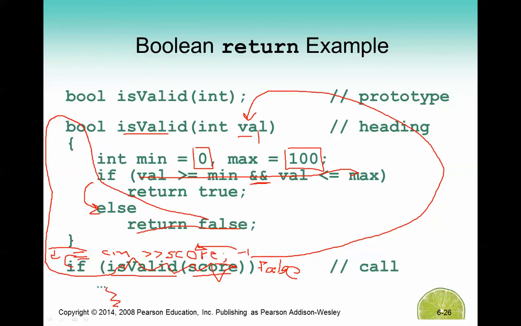So we have here the use of the Boolean in the return. We can only return true or false. We cannot return yes or no, 1 or 0. No. We have to return the keyword true, the keyword false. Here is the call. Here is the function.